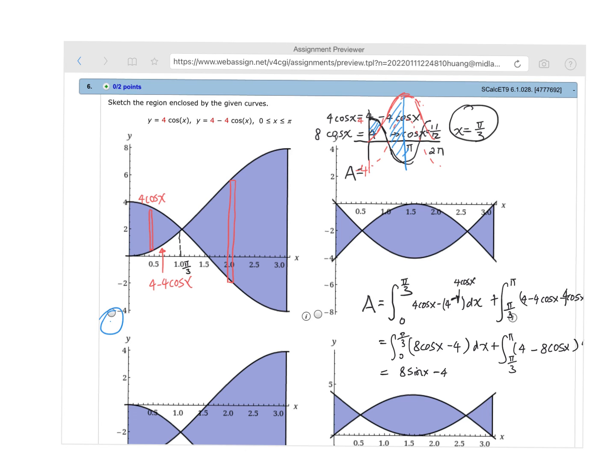Integral of 4 is 4x. So evaluate this from 0 to pi over 3, plus 4x minus 8 sine x from pi over 3 to pi. And the rest of the work will be just algebra. So I'm going to just stop here and let you finish the algebra. But this is my hint.